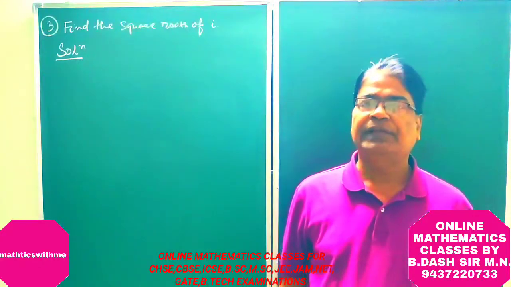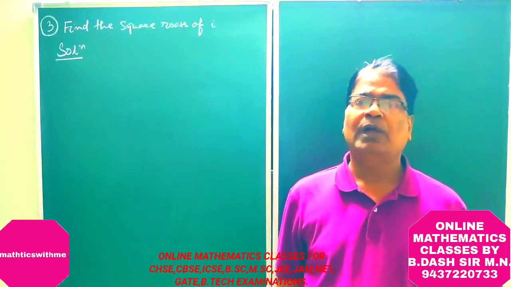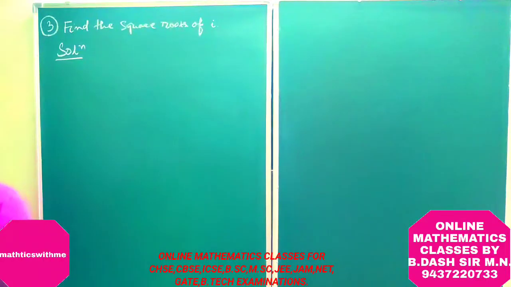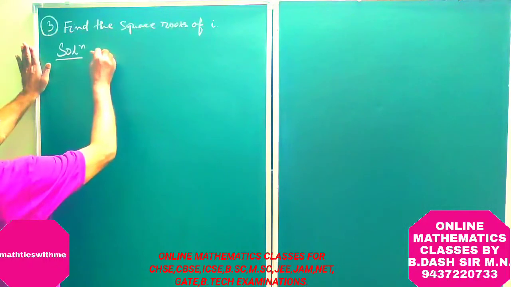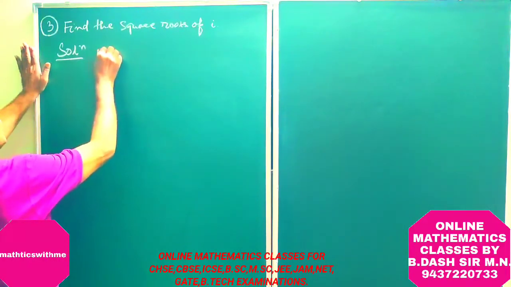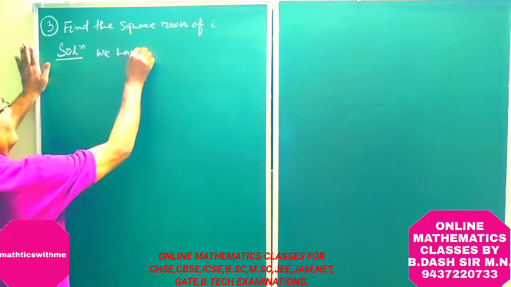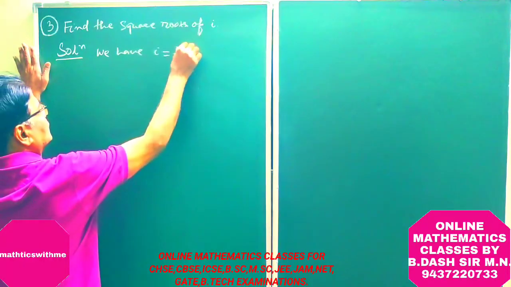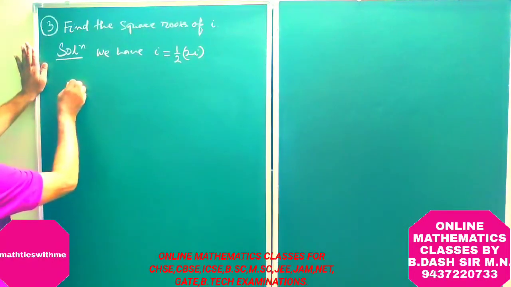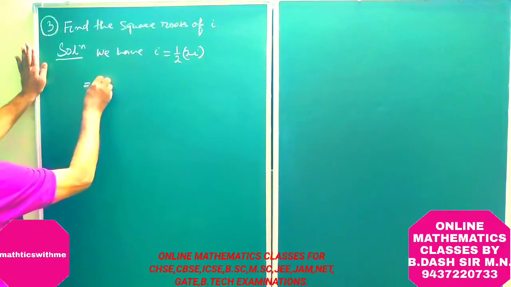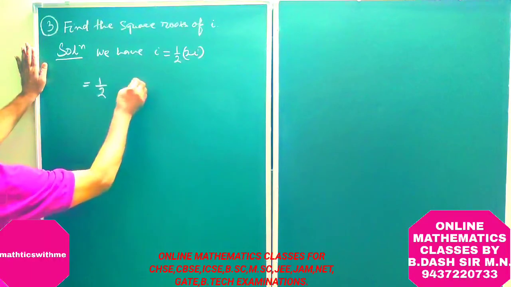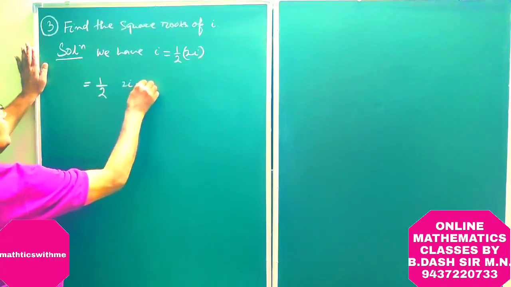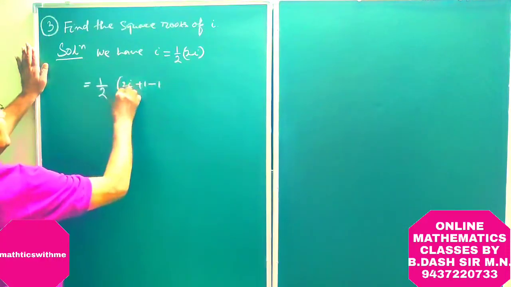Our next question is: find the square root of i. So in a shortcut method we can find the square root of i. Solution. We have i = 1/2 × 2i. This equals 1/2 (2i + 1 − 1).